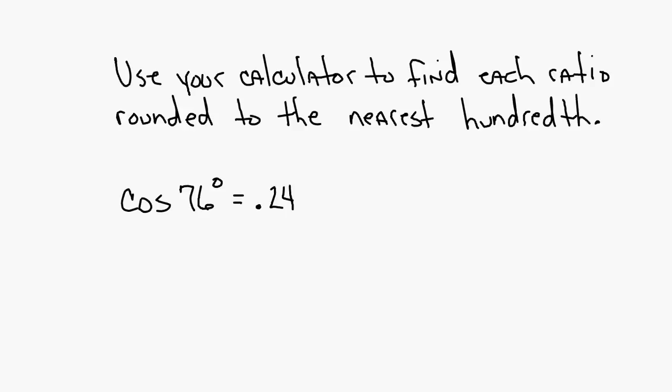Try sine 62. And what is that? 62 sin? You guys get 0.88? I got 99. Wait, what number was it again? That was 62 sine. Oh, okay, I got it. All right, good.